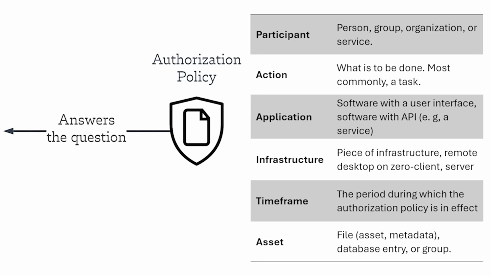The authorization policy is a statement that something is authorized when the conditions of the policy are met. These conditions would include some combination of the participant, for example, the user or the service, the activity that is authorized, for example, read an asset, the application or service that can be used, the infrastructure that can be used, for example, the storage where the asset is held, the time frame where the activity is authorized, and the assets involved in the activity.